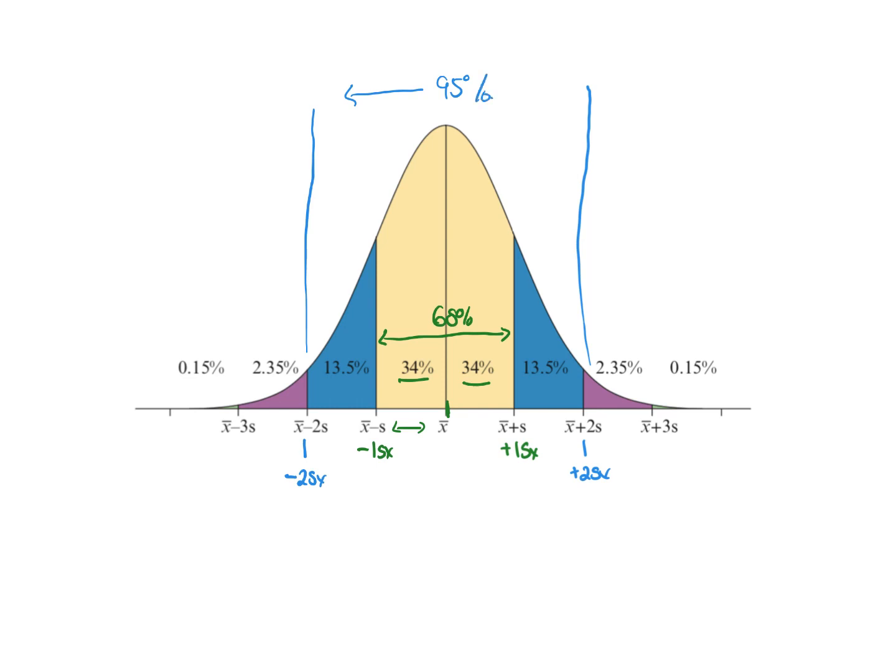So it shows you how you break it up. If this little section here is 34, then it makes this bit in here 13.5. So this is just breaking it up into little sections, and I'll show you how we can use that if you want to work out some of the questions.